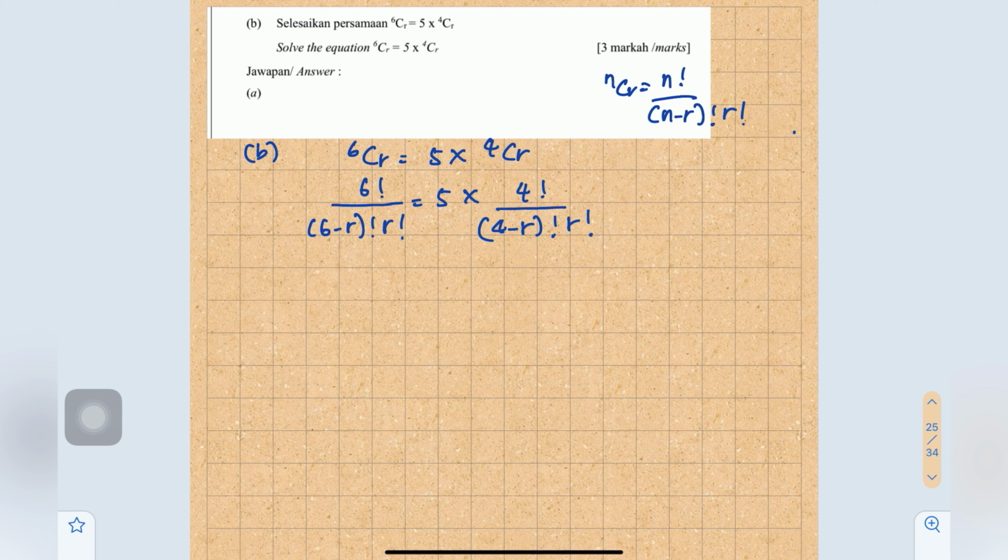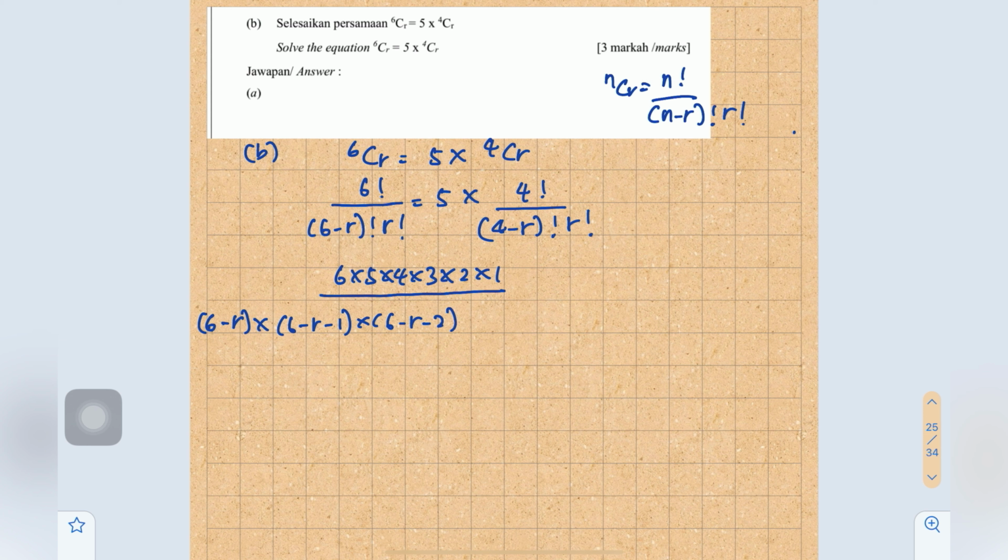Okay, so kita kembangkan, kita dapat 6 times 5 times 4 times 3 times 2 times 1, over yang ni kita dapat berapa ni? 6 tolak R darab 6 tolak R tolak 1 darab 6 tolak R tolak 2 darab 6 tolak R tolak 3 and so on lah.